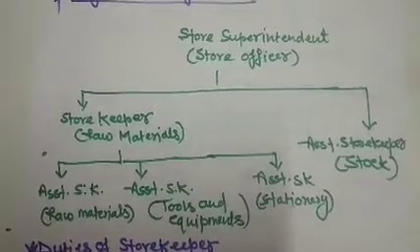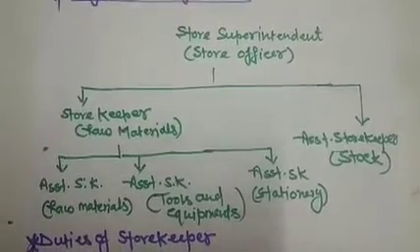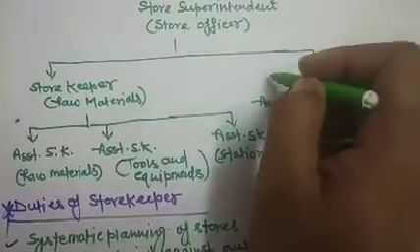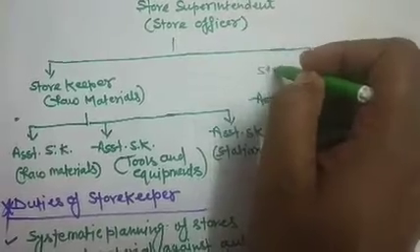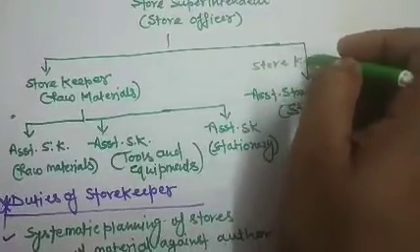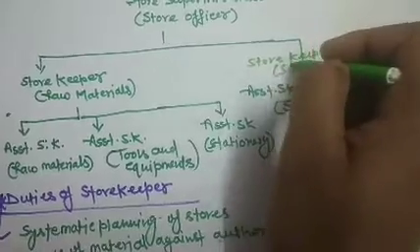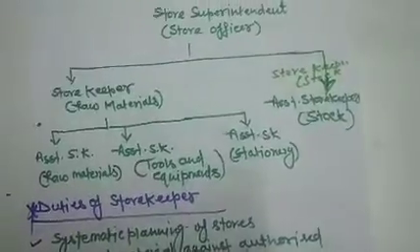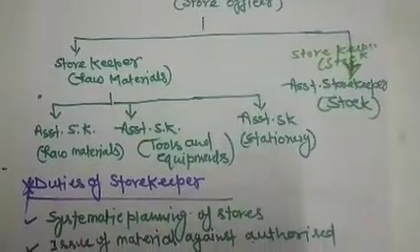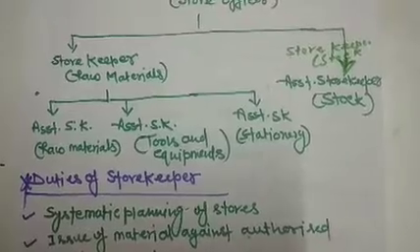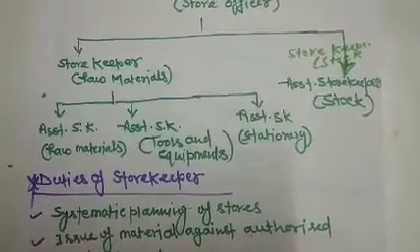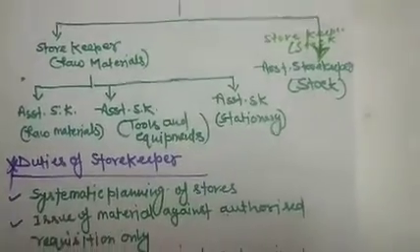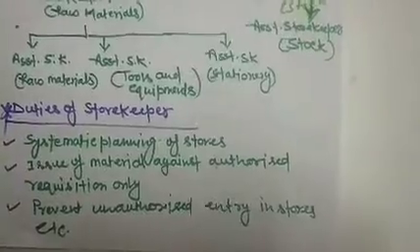They are storekeepers of raw material, and the assistant storekeeper comes after the storekeeper in charge of stock. Then there will be assistant storekeeper of stock. Storekeeper of raw material is further categorized into raw materials, tools and equipments, stationery, right? Clear?